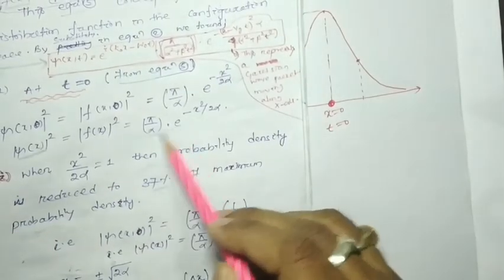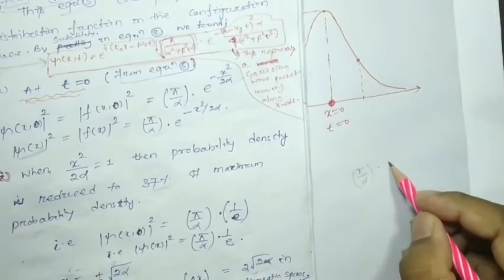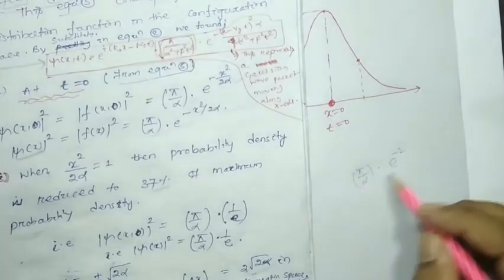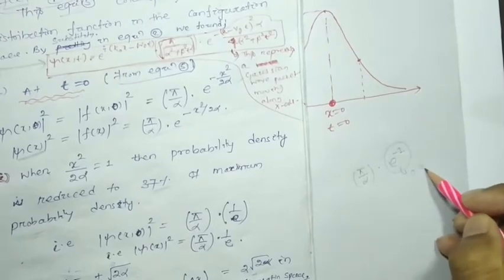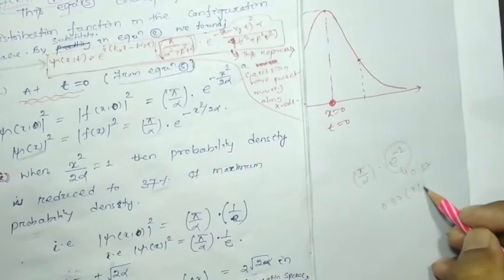See, this equation I am going to write over here. This will be pi by alpha into e to the power minus 1. That means e to the power minus 1 value is 0.37. So it will be 0.37 of pi by alpha.